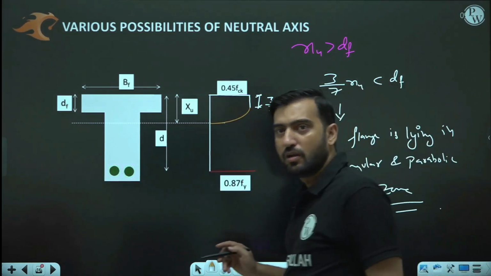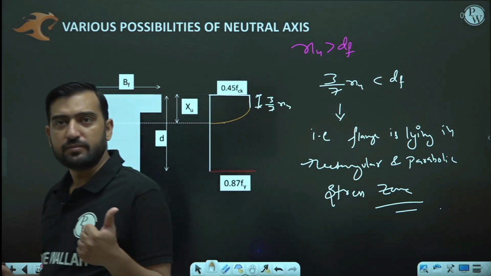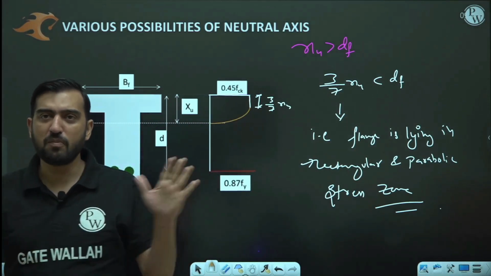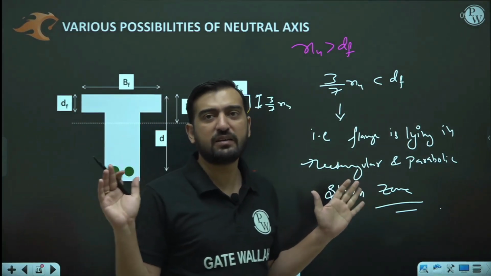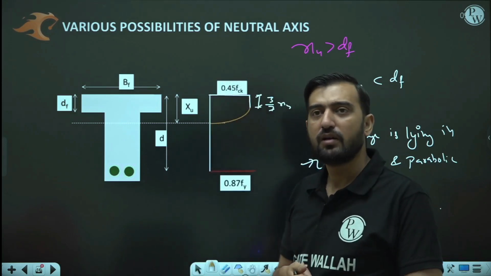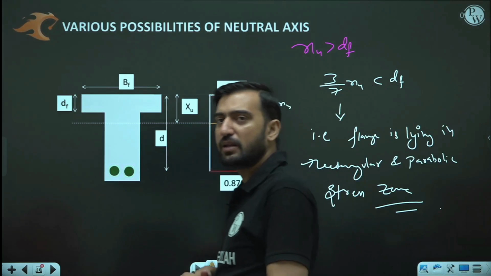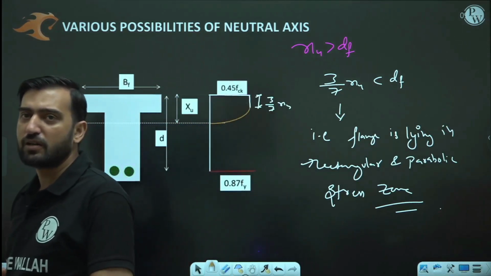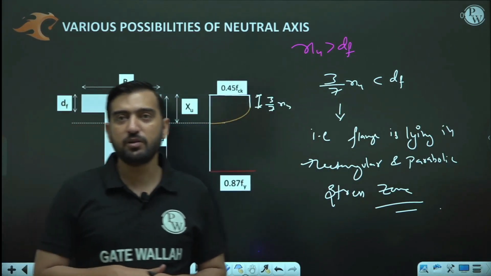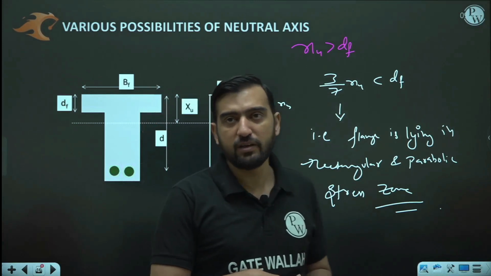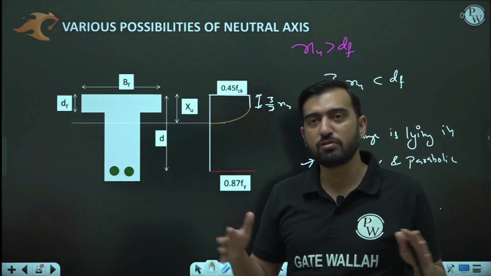Okay. So case number 1, when XU is less than DF, no complications. The analysis was exactly like a rectangular beam, where we are going to replace B with BF and the rest of the things were exactly the same. Case number 2, when XU is greater than DF, it is again divided into two sub possibilities.